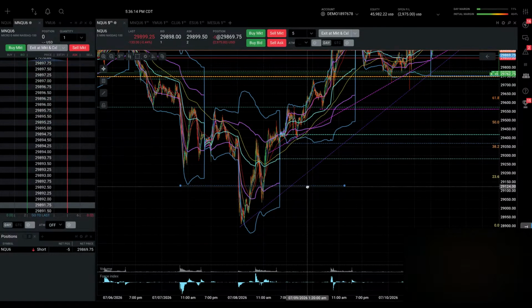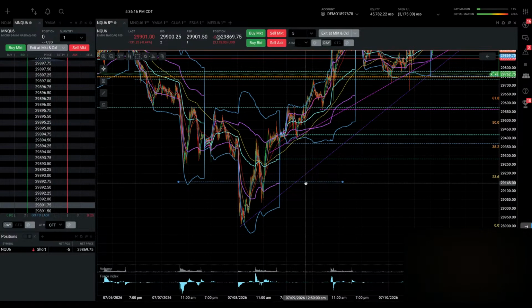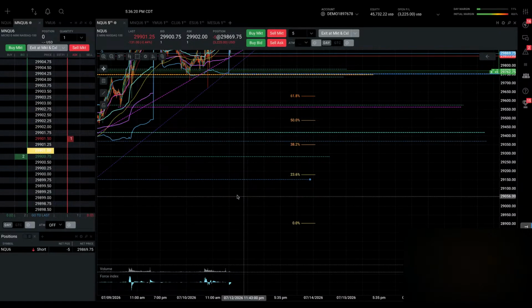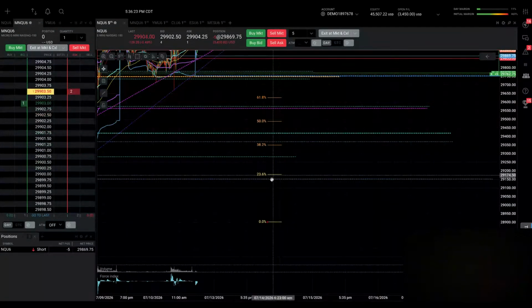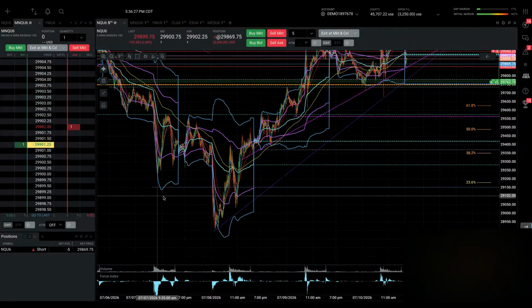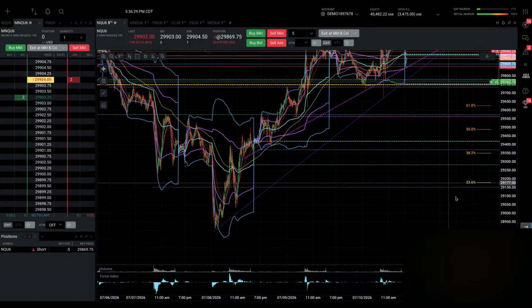Plus, get a nice bleed down. And again, these are our bounce zones. This zone lines up pretty good with 23.6 down here at these lower VWAP bands.